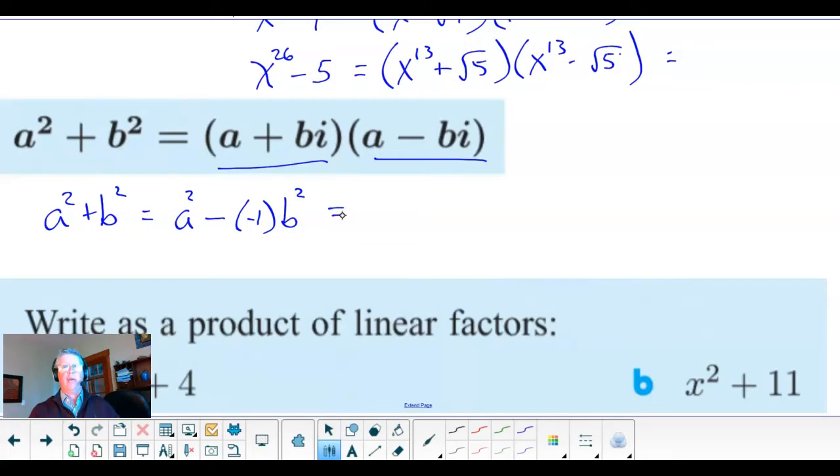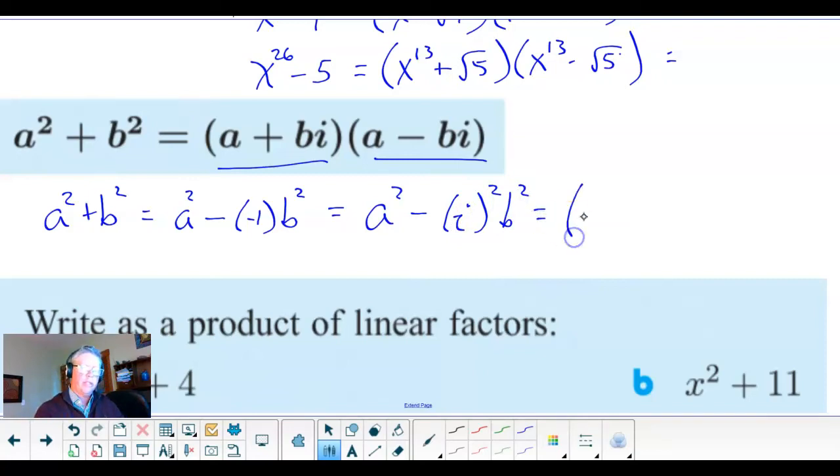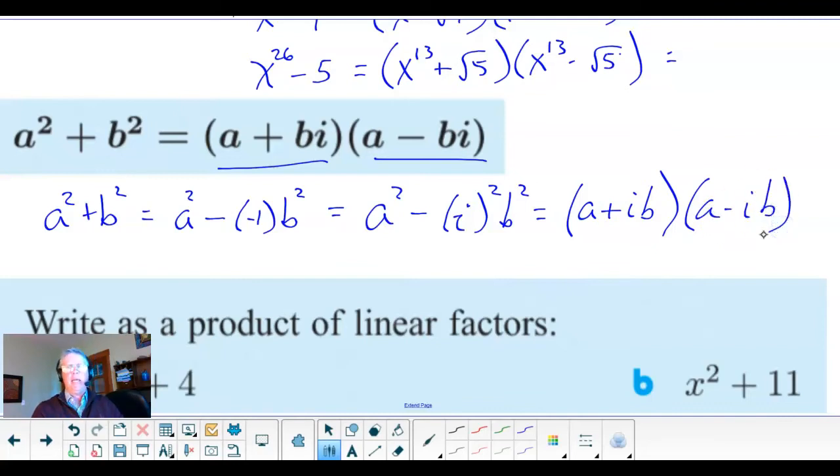Why would you add two negatives instead of a positive? Well, it's not too dumb because in place of that, I can put i squared b squared. Now we have a difference of squares. So now we can write this as a plus ib, and a minus ib. It's usually written bi, but you know, you throw in ib where you can. I guess it is applicable.